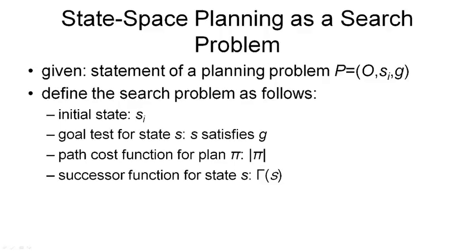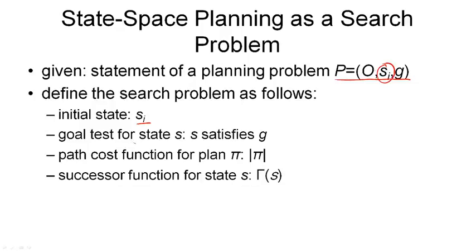More specifically, here is how we can define a planning problem as a search problem. We are given a planning problem as a set of operators which implicitly define a state transition system. We're given an initial state and a goal description. These three components make up our planning problem. Then we can define the search problem as follows. For the search problem, we need an initial state, and we simply take the initial state from our planning problem.